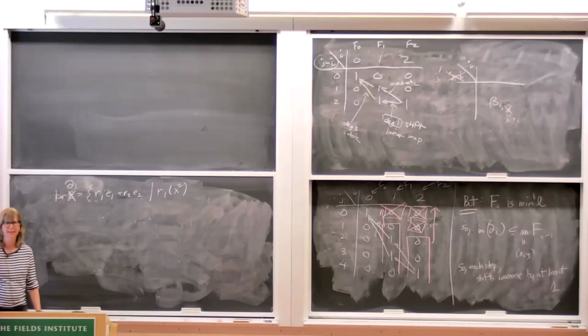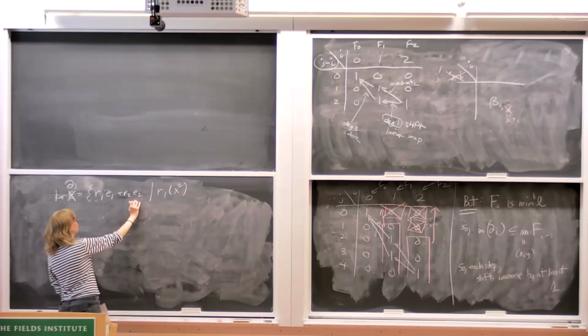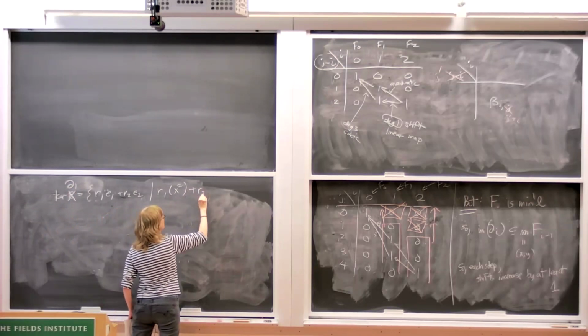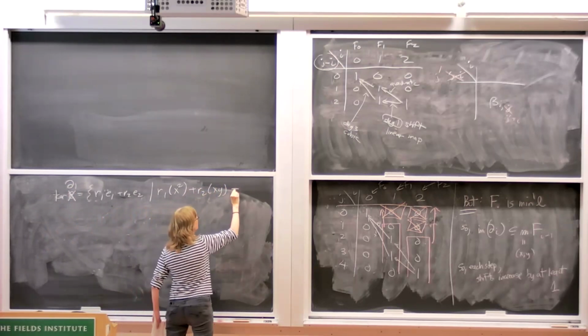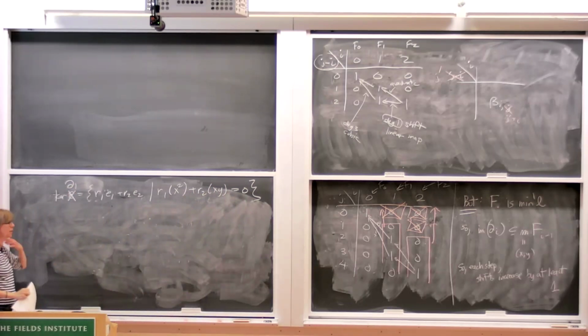Okay, so apply delta 1 to this. E1 goes to X squared, the other one goes to XY, and I want to know when that combination is 0. So what are the relations here? You could probably guess it, but I just want to do it the beginner way for a second.